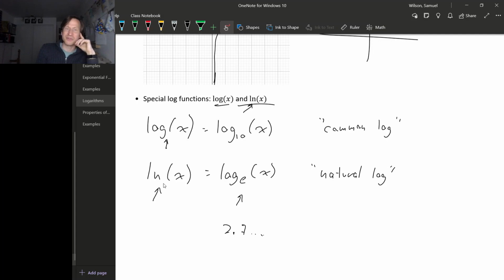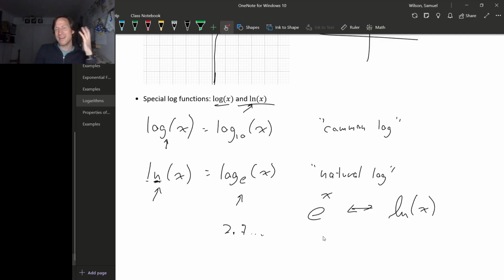That's why the abbreviation is ln. Why is the natural logarithm called natural? Well, it turns out that the best exponential function is e to the x, and so correspondingly the best logarithm function is log base e, which is what natural log is.